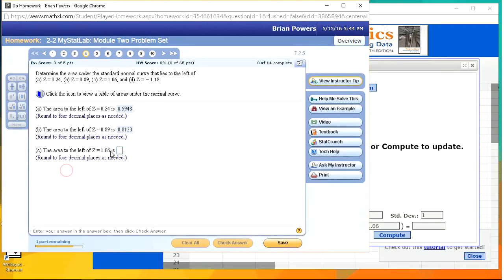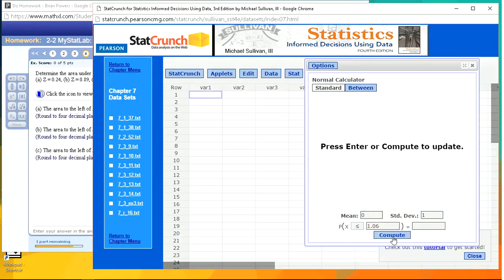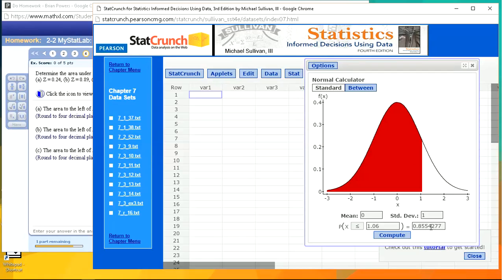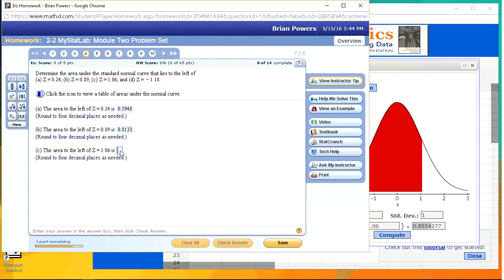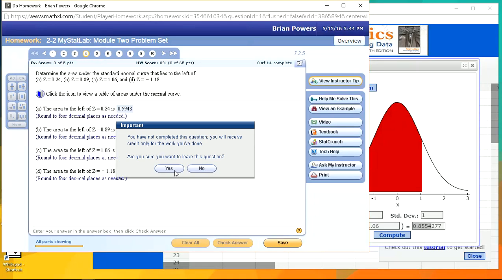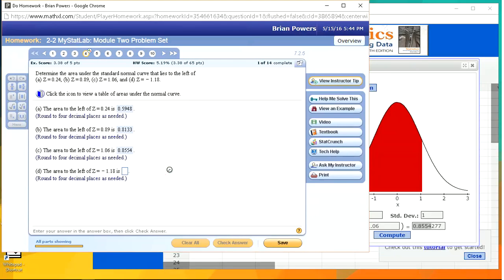I'm going to the left of 1.06, and to the left, compute. 0.8554. Okay. This last part, it's the same thing. I'm not going to spend my time on that right now. Leave the question, that's fine.